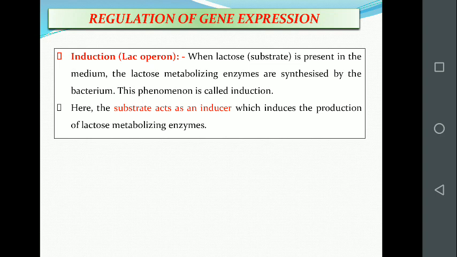So to utilize that lactose as an energy source, the bacteria must hydrolyze the glycosidic bond between glucose and galactose. First of all, it should allow the entry of lactose into the cell from the surrounding medium. Then once it is inside, it should be hydrolyzed to give the constituent sugars glucose and galactose.